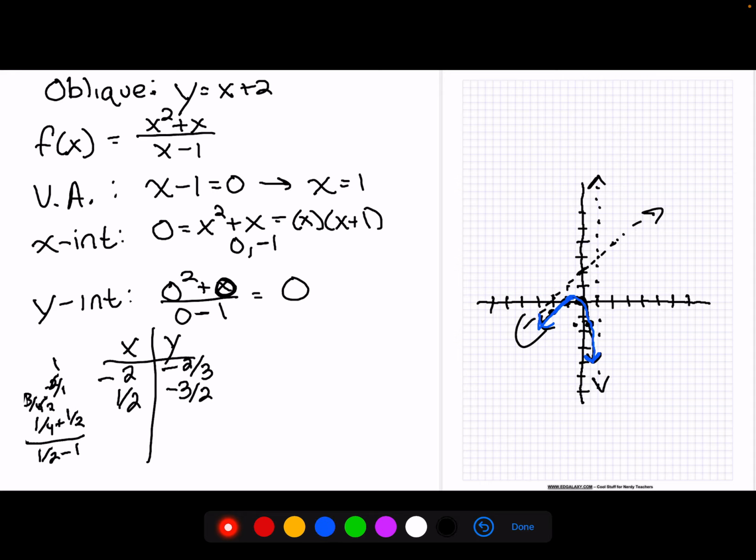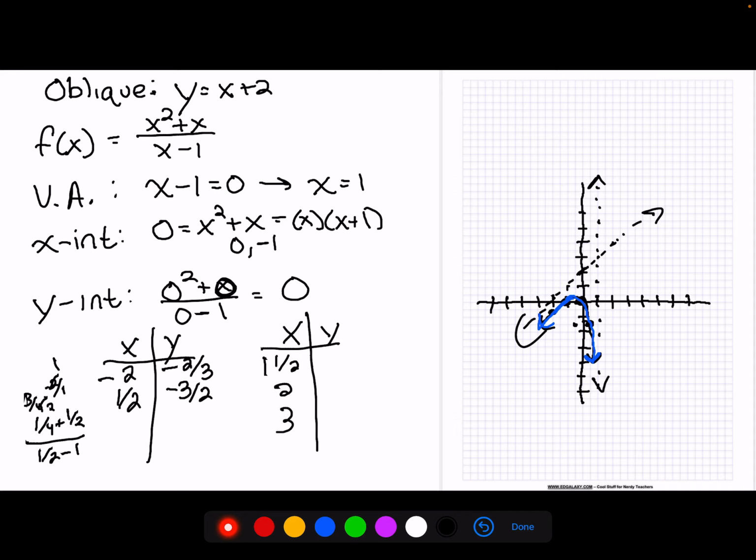We still need to see the piece on the other side. You see how the two asymptotes intersect to make an X? There's going to be a piece opposite in that X. So let's do a couple more values: 1.5, then 2 and 3.